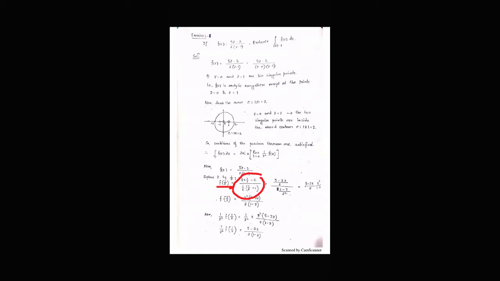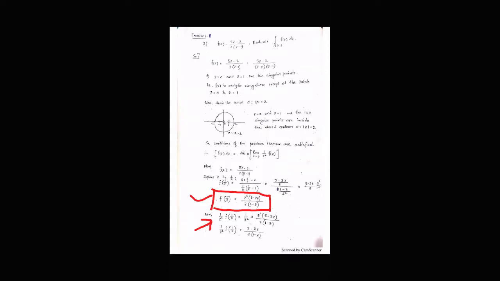And after the calculation, you can see that we get f of 1 by z is z square into (5 minus 2z) by z into (1 minus z). So by replacing z by 1 by z in the function f(z), we got f of 1 by z. Now we multiply 1 by z square with f of 1 by z.